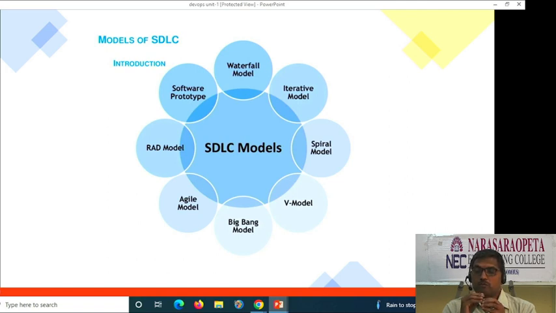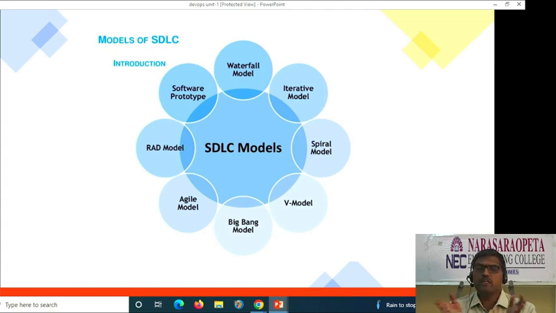We can look briefly at the different types of process models: waterfall model, iterative model, spiral model, V model, Big Bang model, Agile model, RAD model, software prototype model, and so on. Around 8 or 9 process models are there.